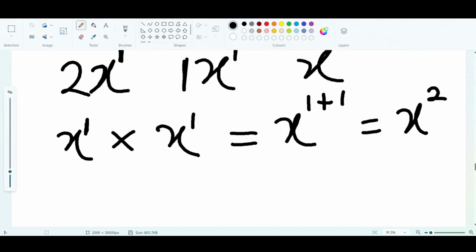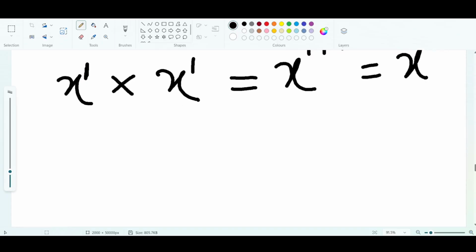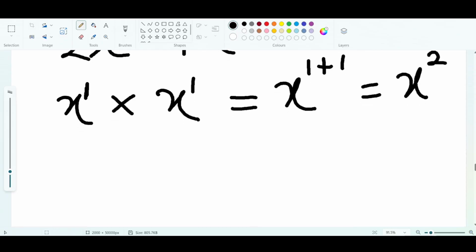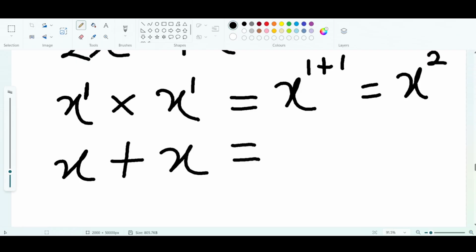Do you see that? So what about when we have the letters adding each other? When we say x plus x, when they are adding each other, it is the coefficients that we add together. The coefficient of x here is 1, and the coefficient of x here is 1. So we are adding the coefficients, and that's going to be 1x plus 1x, and that will be 2x.